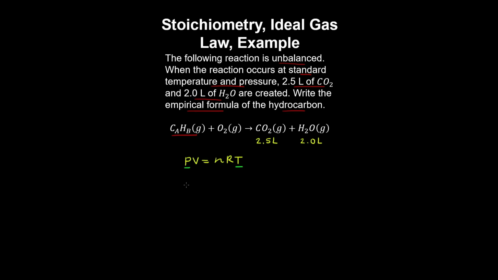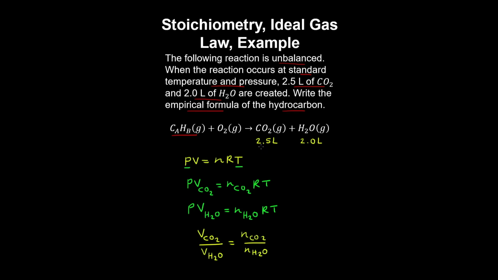And the volume and number of moles are different, so applying this law to the separate products, and then dividing them together, we obtain the following expression. And if we substitute for the given volumes, so therefore, for every 1.25 moles of CO2, 1 mole of H2O is produced.